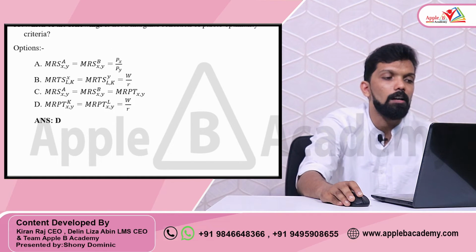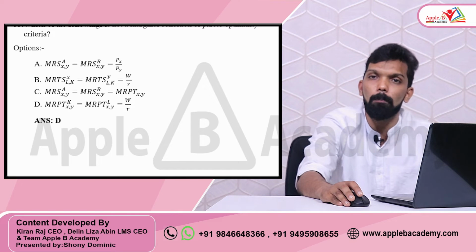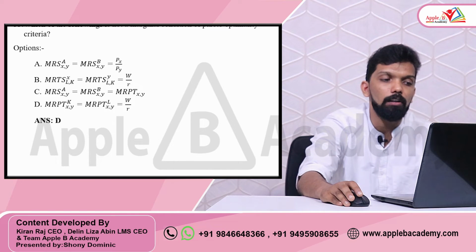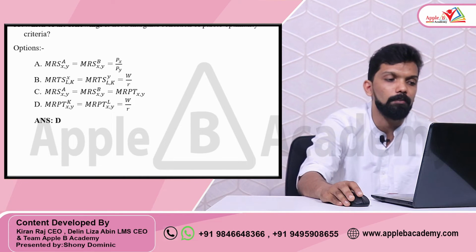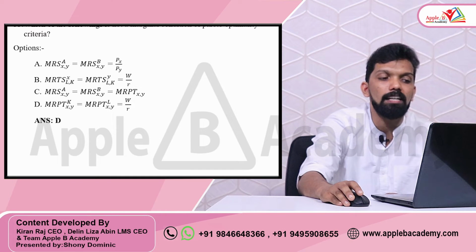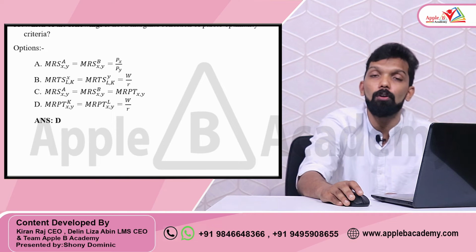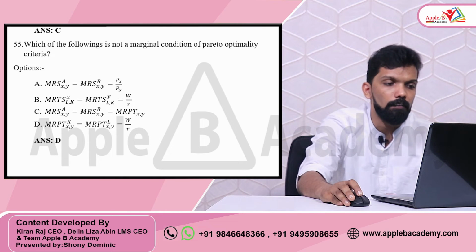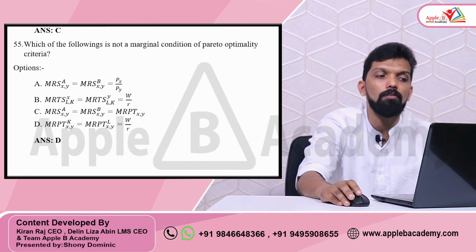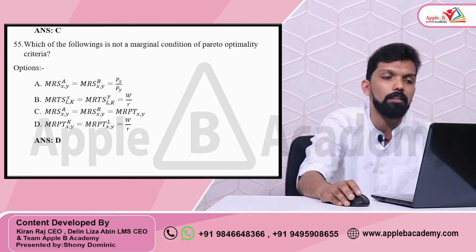Different options are given: MRS XY of A equal to MRS XY of B equal to PX by PY, MRTS LK of X equal to MRTS LK of Y equal to W by R, MRS XY of A equal to MRS XY of B equal to MRPT XY, MRPT XY of K equal to MRPT XY of L equal to W by R. So we have to find out the wrong one, not a marginal condition of the Pareto optimality.